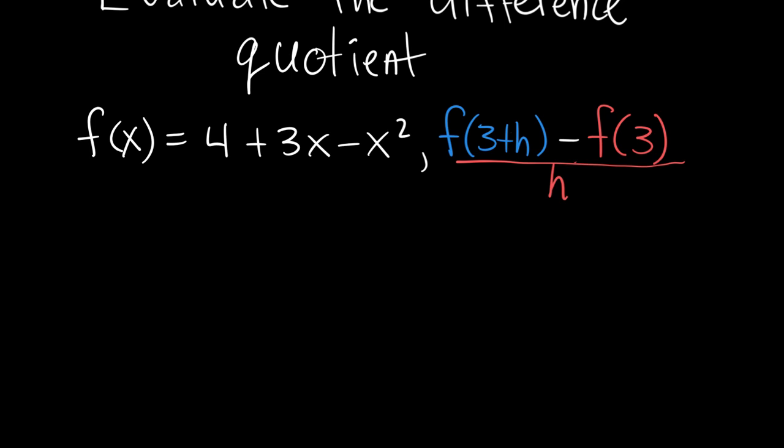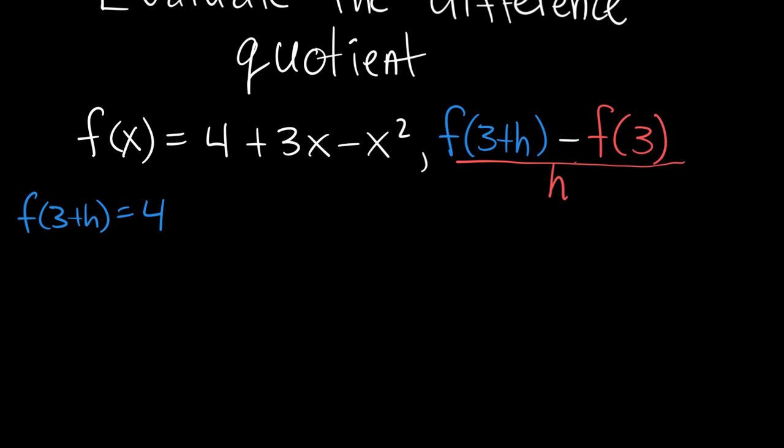So I'm going to have to do this in a few parts. So first off, f of 3 plus h is equal to 4. What I'm doing is substituting. It's 4 plus 3 times x, but it's not going to be x. Instead of x, it's going to be 3 plus h. Instead of x here, it's going to be 3 plus h as well.